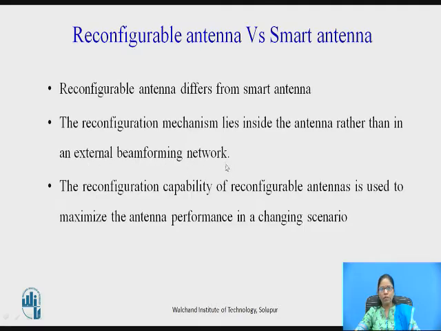So there is an external beam forming happening in the smart antenna, whereas reconfiguration is inside the antenna. The reconfiguration capability of the reconfigurable antenna is used for maximizing the performance of the antenna in a changing scenario.